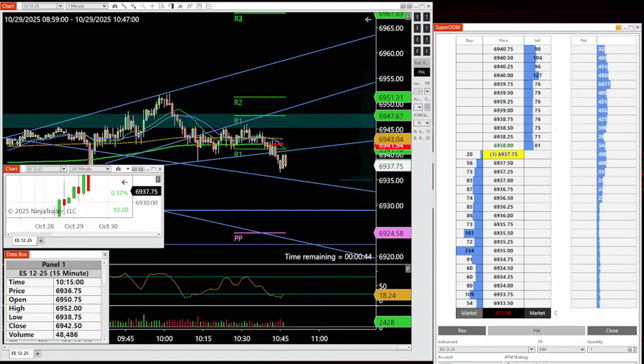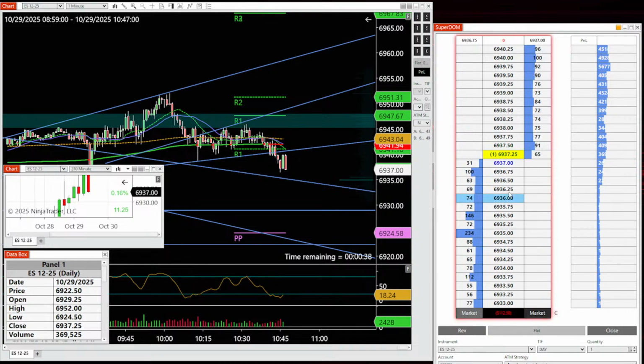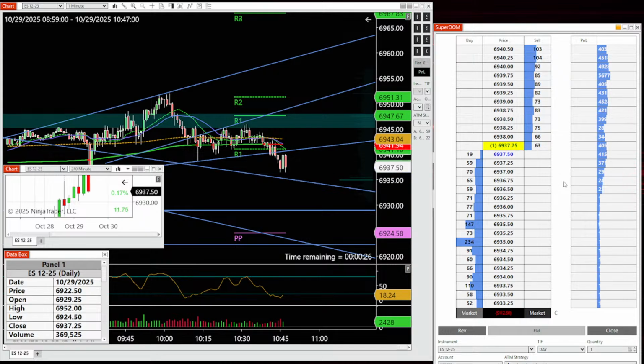Do we want to test the overnight lows of 30? That's the question. We might want to test the overnight lows of 30.